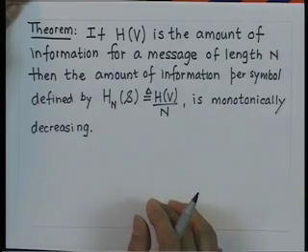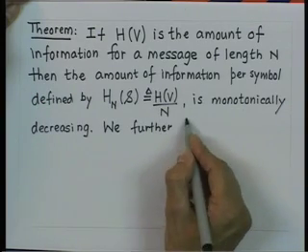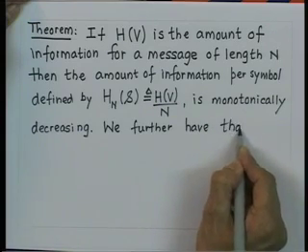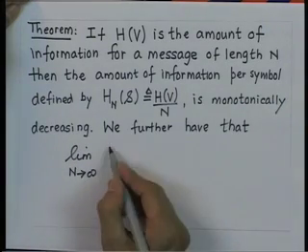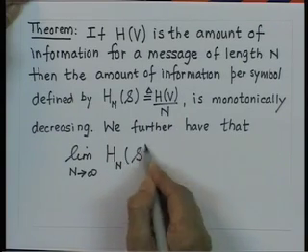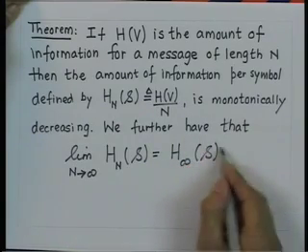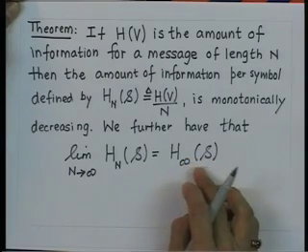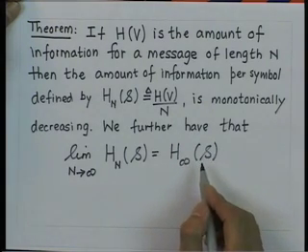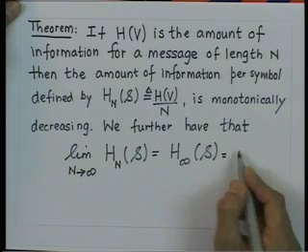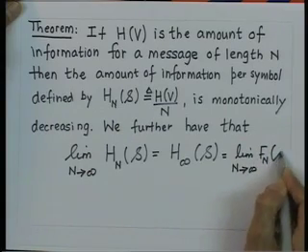This is the first result which we will try to prove, and we further have that the limit of n tending to infinity of HnS will be equal to H infinity S. H infinity S was the entropy which we defined for a Markov source, and this is nothing but equal to the limit of n tending to infinity of FnS.